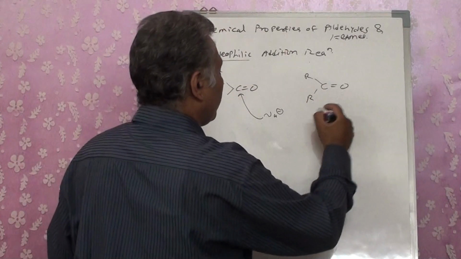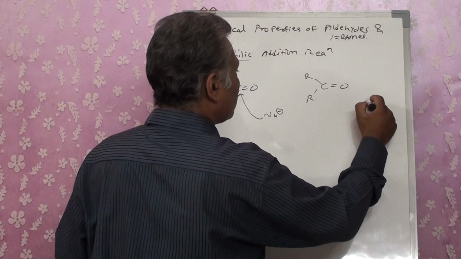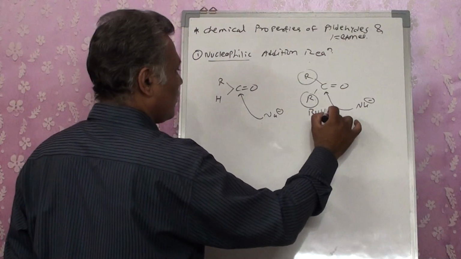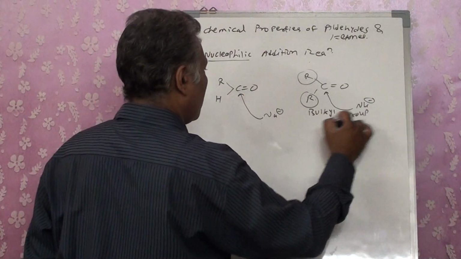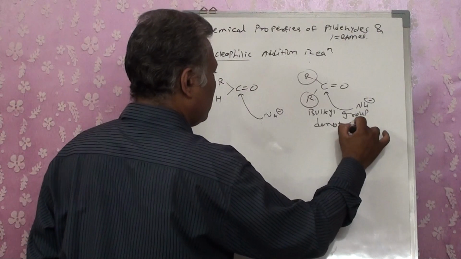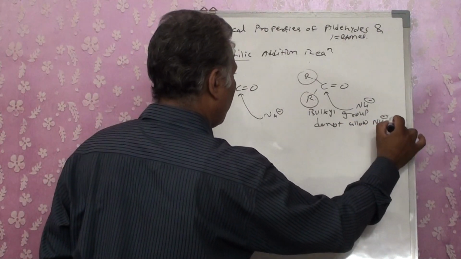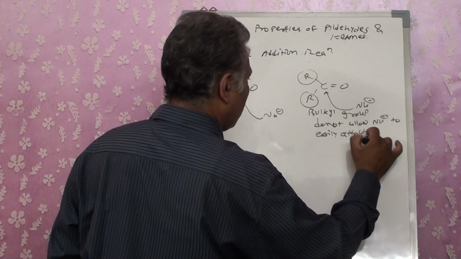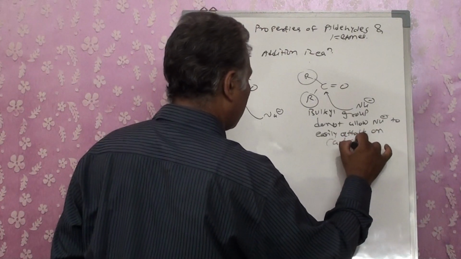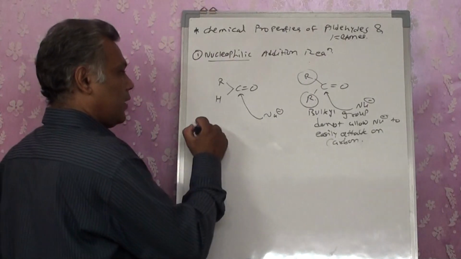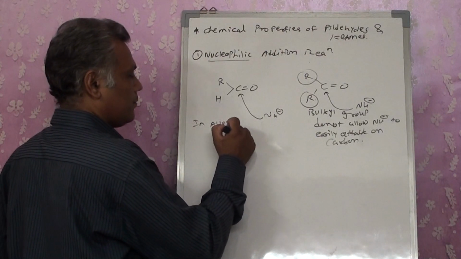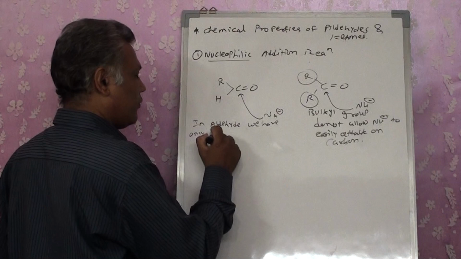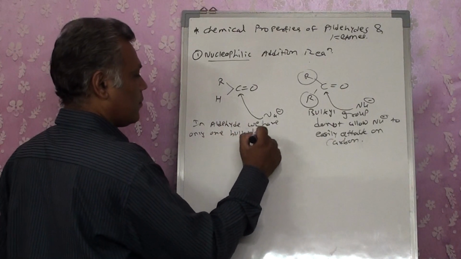But in the case of the ketone, when the nucleophile goes to the carbon, both being bulky groups, they do not allow the nucleophile to attack the carbon easily, while in an aldehyde we have only one bulky group.